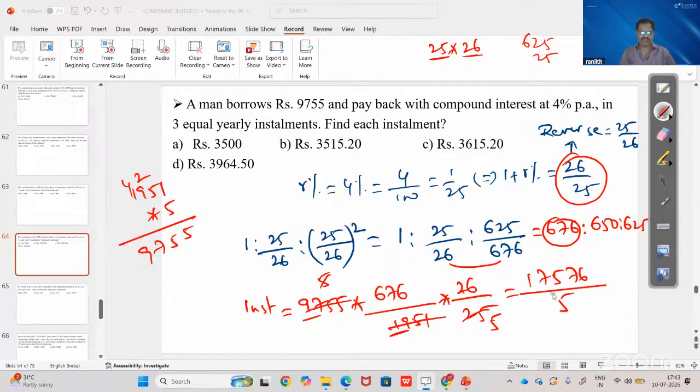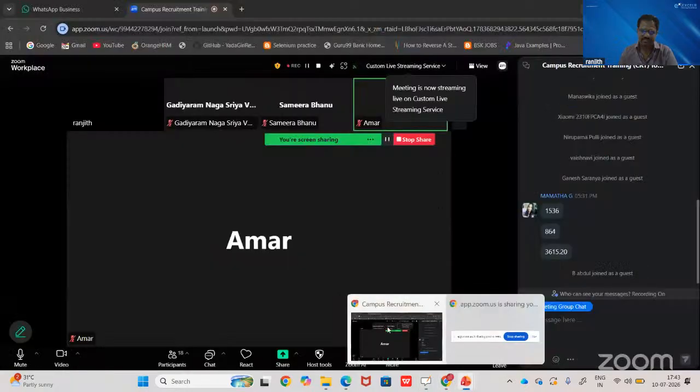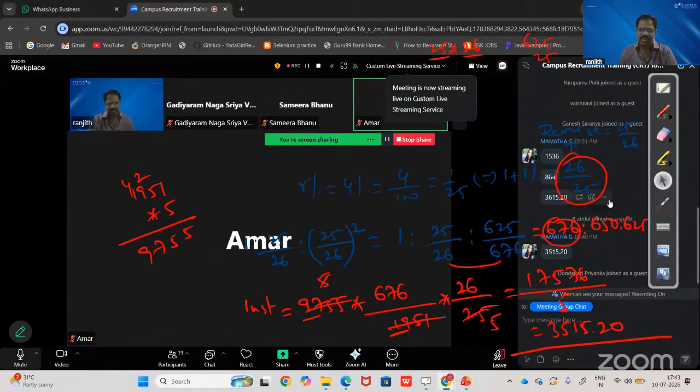So that will be equal to 3515.20. Each installment equal to 3515.20. It's not 3615, it's 3515. Yes, answer is 3515.